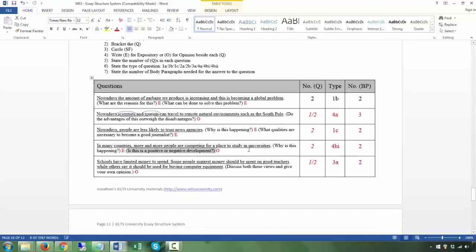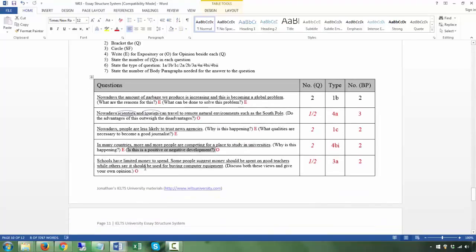Next, schools have limited money to spend. Some people suggest money should be spent on good teachers, while others say it should be used for buying computer equipment, right? So this will be your T. Q is discuss both these views and give your own opinion. This is of course an opinion.